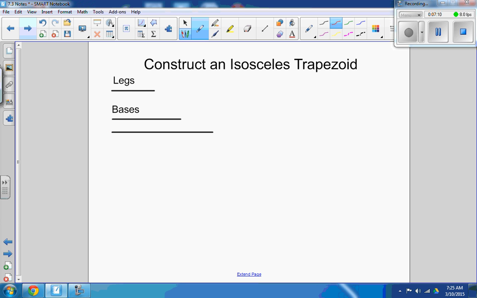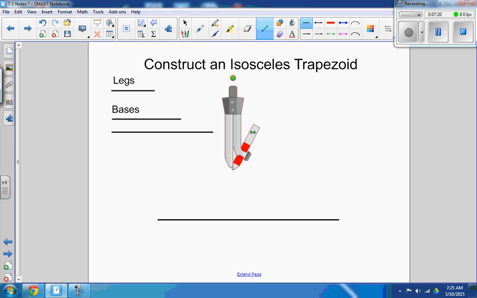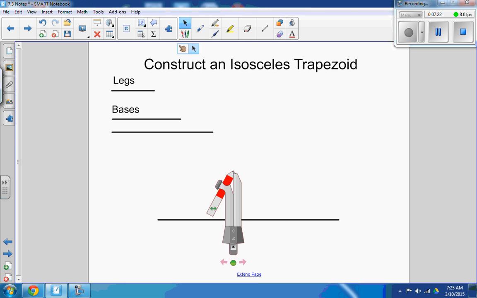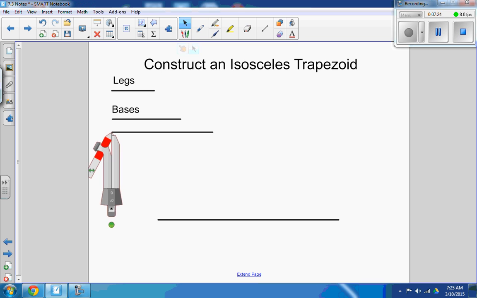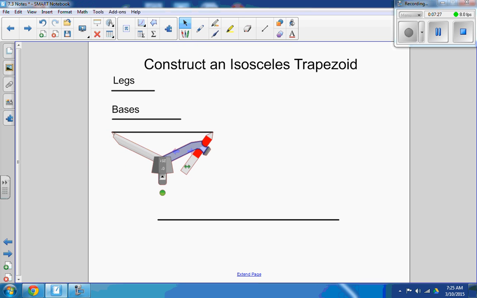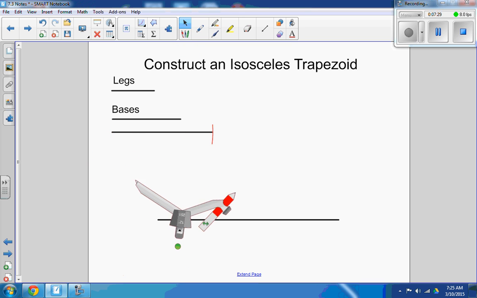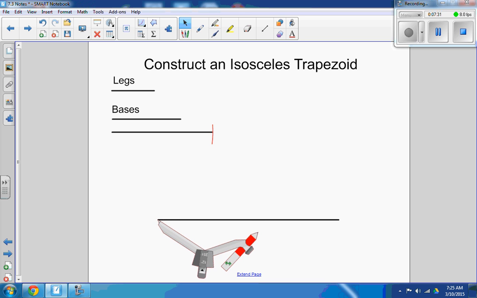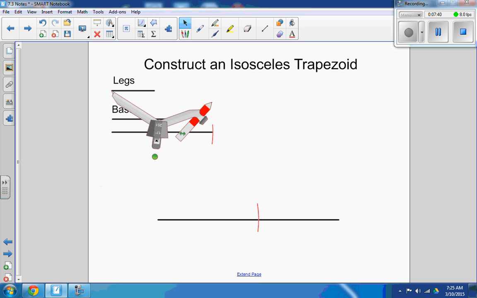Now let's construct an isosceles trapezoid. I'm just going to draw a line here of an unknown length. And now I'm going to take my compass, and I'm going to set it to the length of this longer base. And I'm going to draw that here. So I now have a segment that is the same length as that longer base. I'm now going to take my compass and make it match the length of my legs.